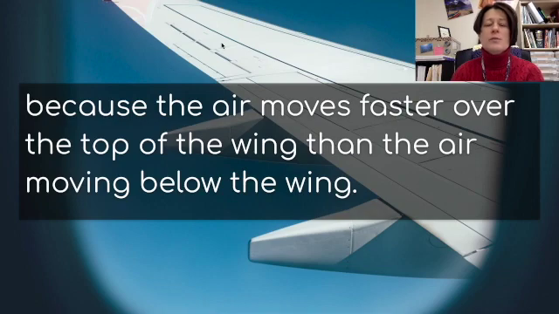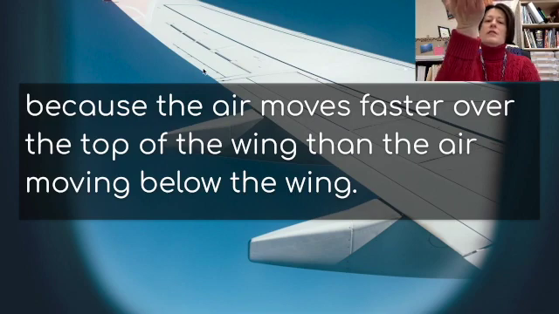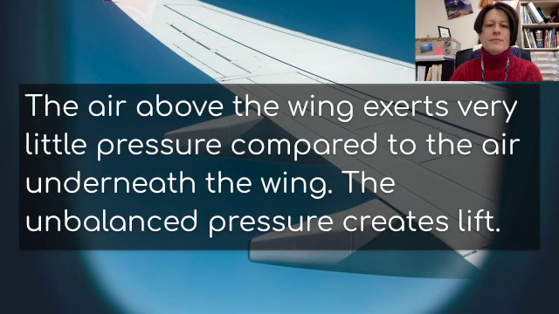Then Bernoulli's principle takes over. The air pressure is lower up on top, higher on the bottom, so the plane is pushed up by air pressure. So the air above the wing exerts very little pressure compared to the air underneath the wing. The unbalanced pressure creates lift.